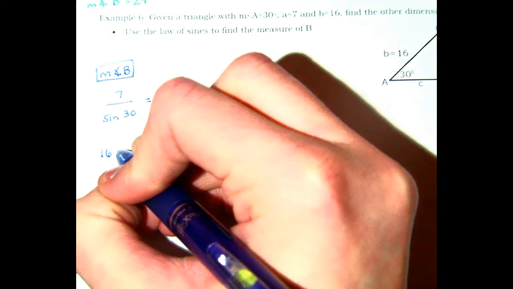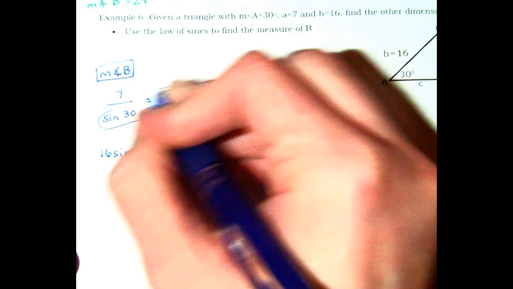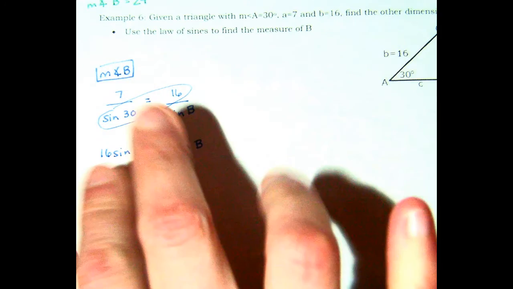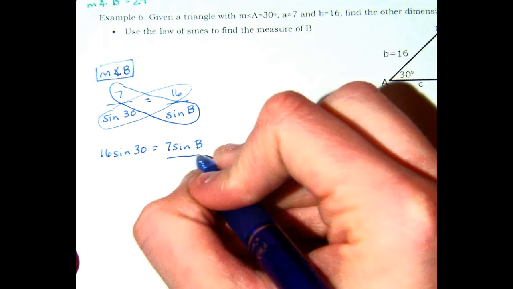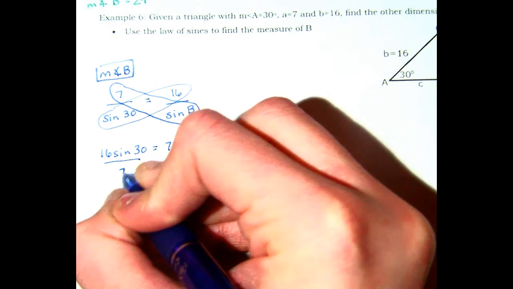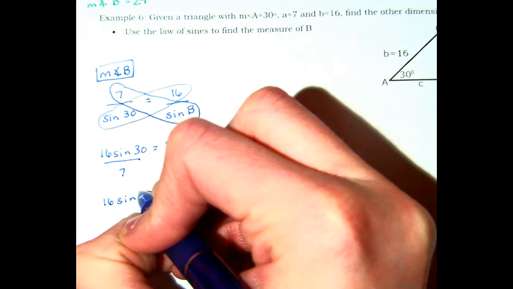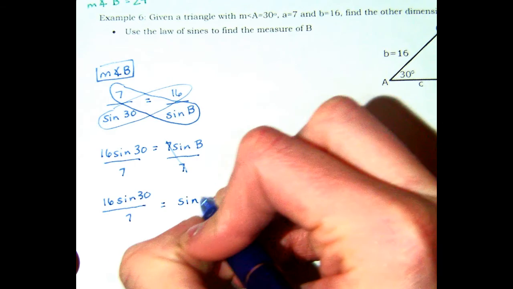So 16 sine of 30 equals 7 times sine of B. Does it matter if those are written in the other order? No, I don't know why I do it that way. Okay, now what? Divide by 7. So 16 sine of 30 over 7 equals sine of B.